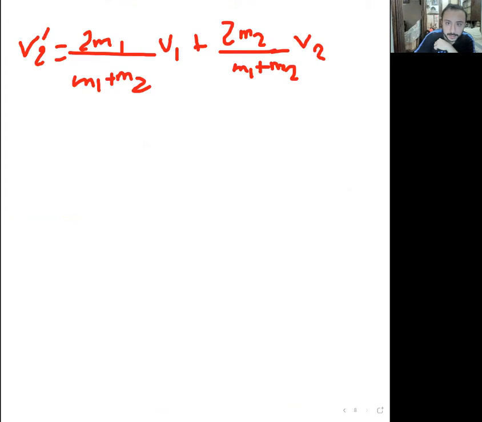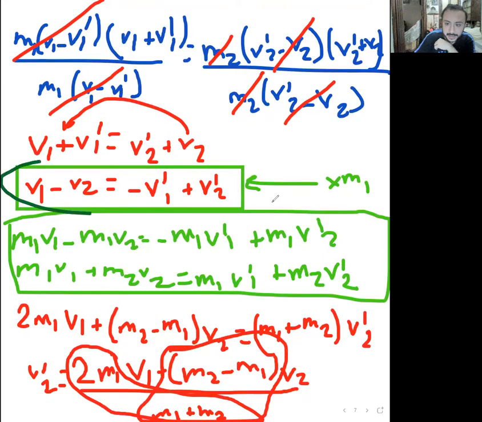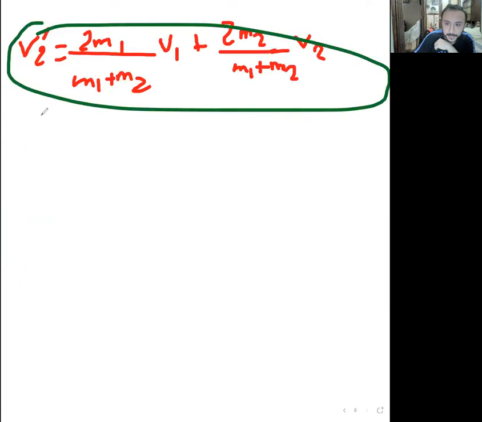You will do it. Just replace v prime 2 inside this, and you will get the value of v prime 1. v prime 1 will be this, m1 minus m2. This is not to learn by heart. You just have to know how to find it.